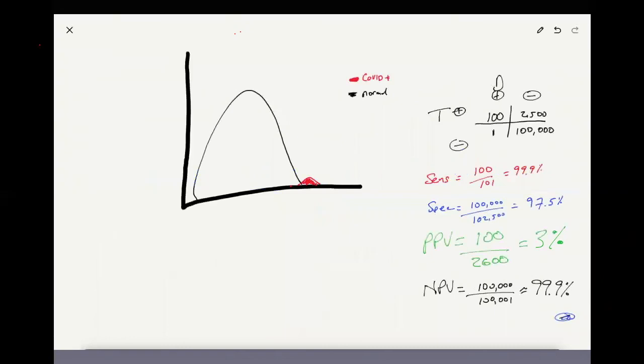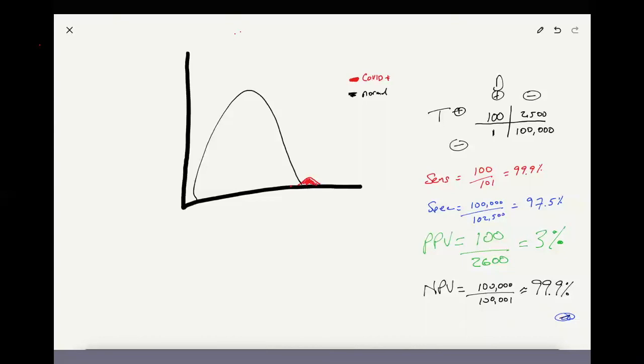So here's what happens early on in a disease like COVID: you've got this huge portion of the population that's unaffected, and this very small portion of the population that is infected, and you're applying a test to that. In this example, the prevalence is basically 1/10 of a percent.